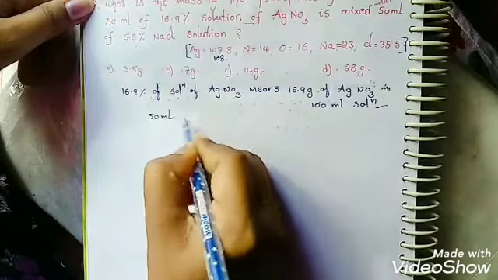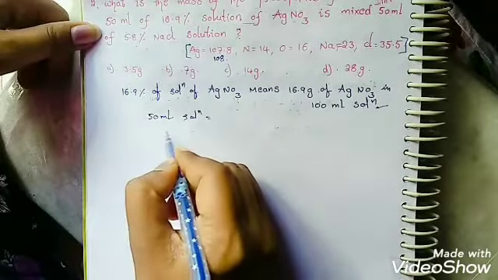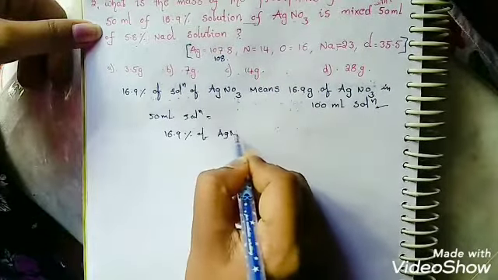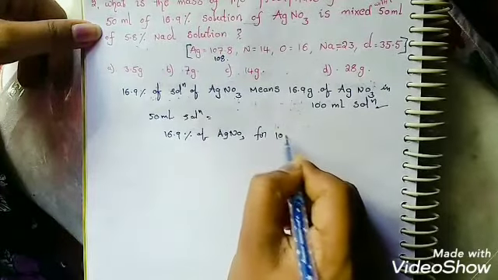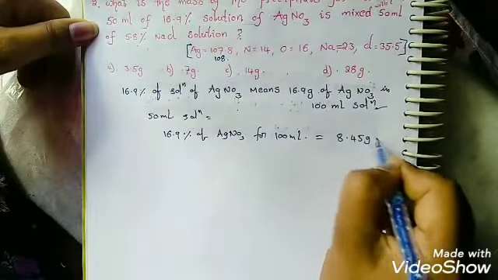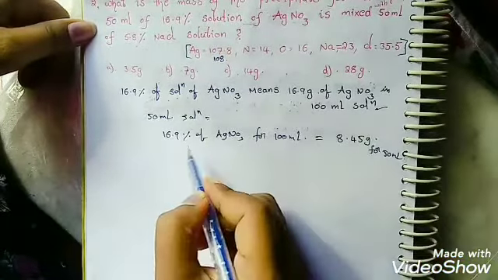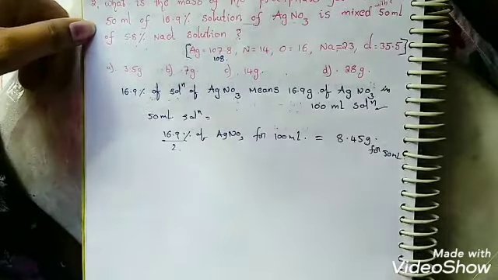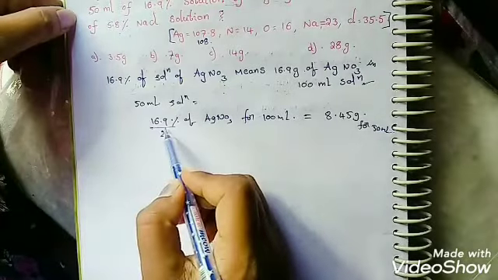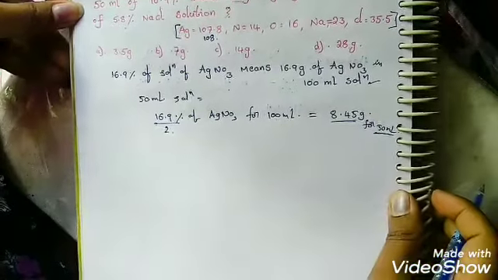For 50 ml of solution, you can just divide by 2. Because for 100 ml solution the weight is 16.9, for 50 ml solution the weight must be 8.45 grams of AgNO3.